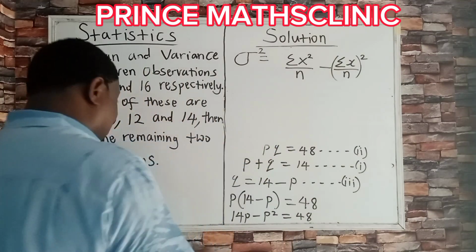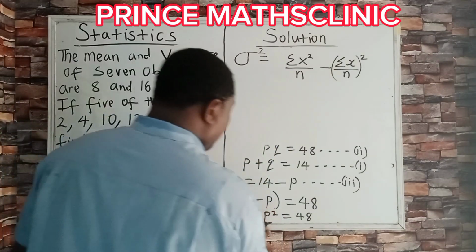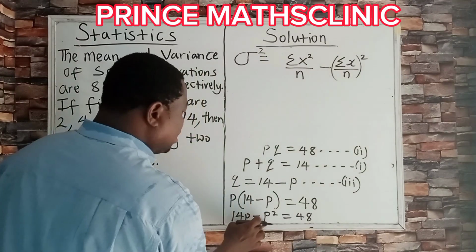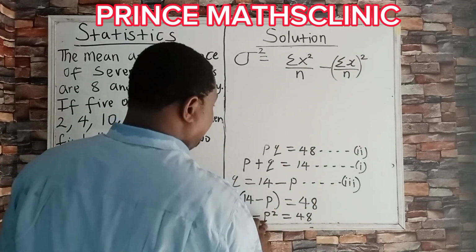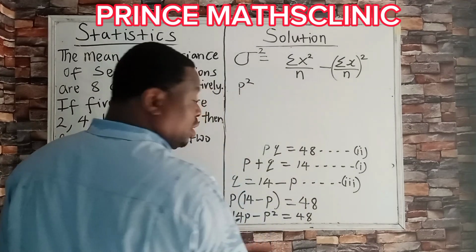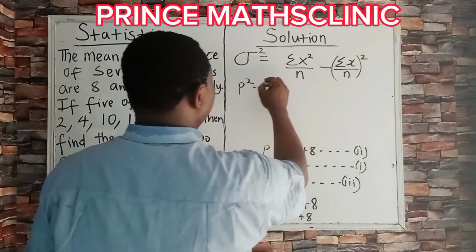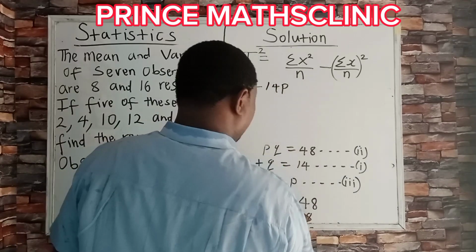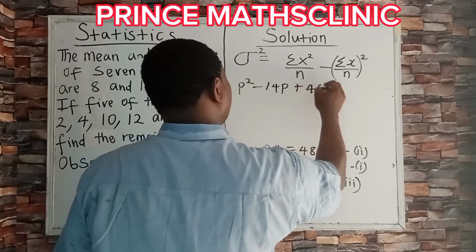Now that we have obtained this, let me take everything I have here to this side. So if I bring p squared here, it turns to positive p squared. If plus 14p crosses, it turns to negative 14p. Then you have positive 48.